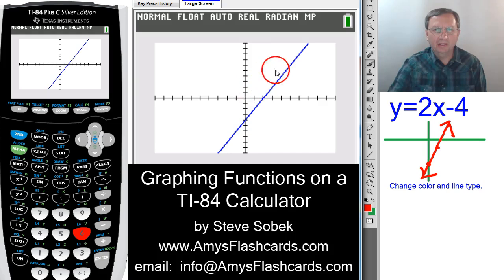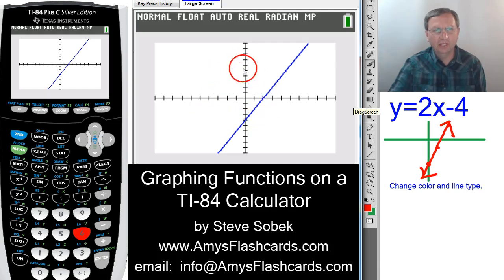Now, some people might look at that and think to themselves, that doesn't look like it has a slope of 2. It looks almost like the angle of elevation is 45 degrees, almost like a slope 1. My little rough sketch here looks more accurate than the calculator's graph. Well, the reason it doesn't look like a slope 2 is because the calibration on the horizontal axis is different than on the vertical.